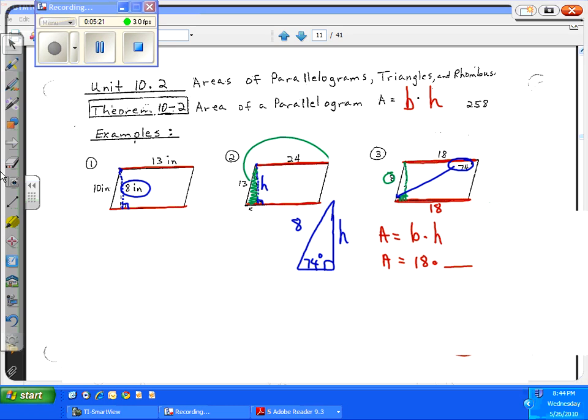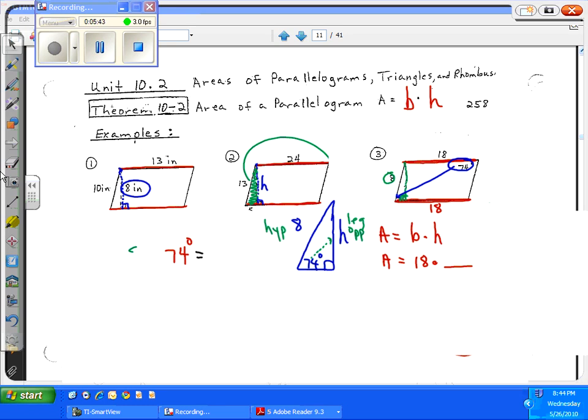So we're going to use a trigonometric ratio to find the height. We're first going to write down that acute angle, 74 degrees. We're going to see how the sides are related to the angle. The 8 is the hypotenuse. In relationship to the 74, the height is the leg opposite.